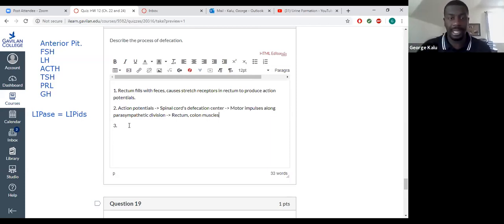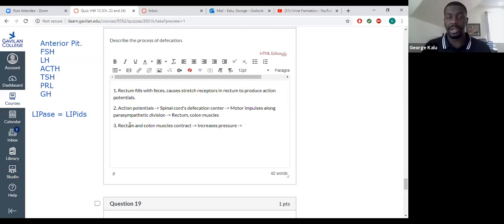Okay. And then from there, like you said, those muscles are going to begin to contract. So the rectal muscles and the colon muscles begin to contract. And as they contract, that causes an increase in pressure.